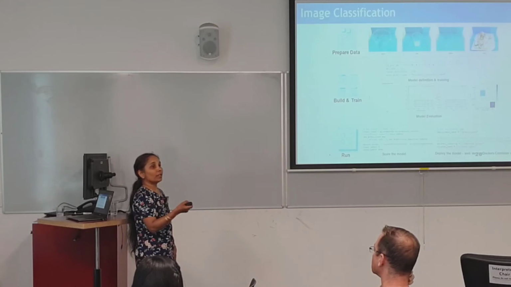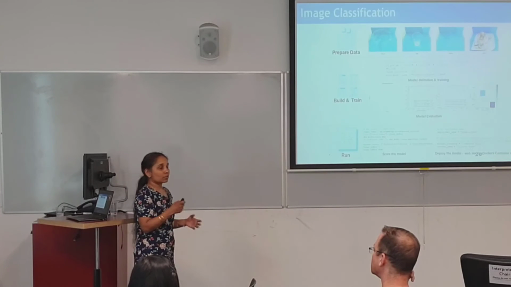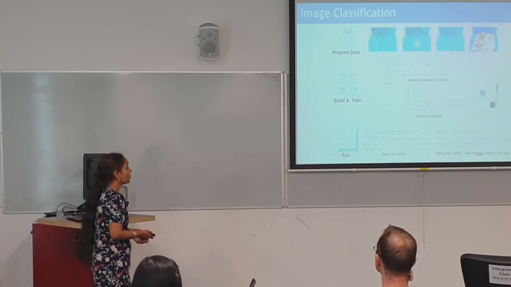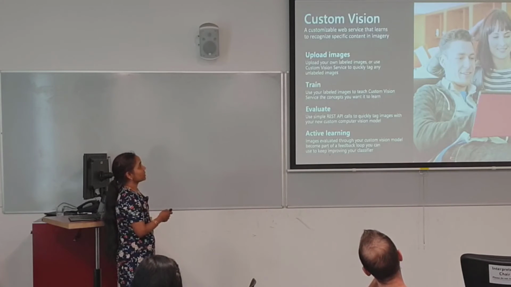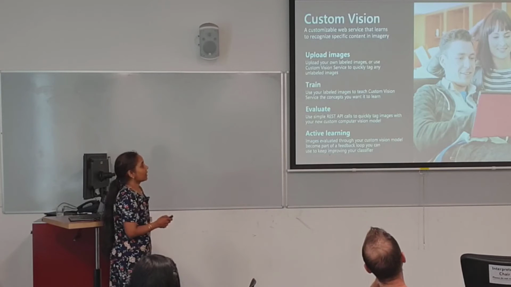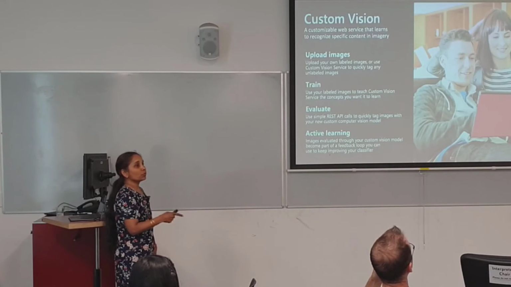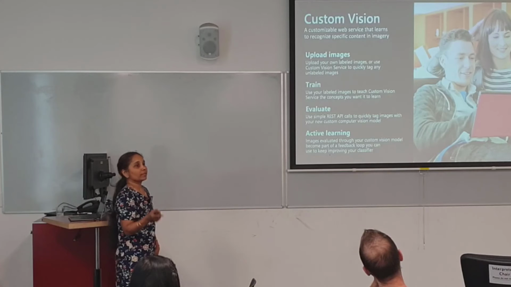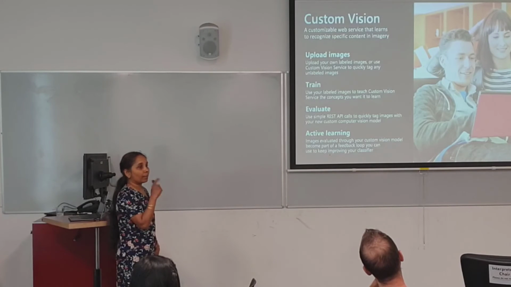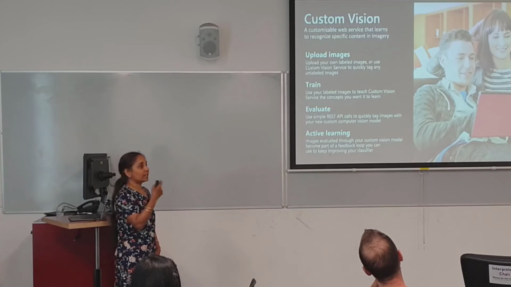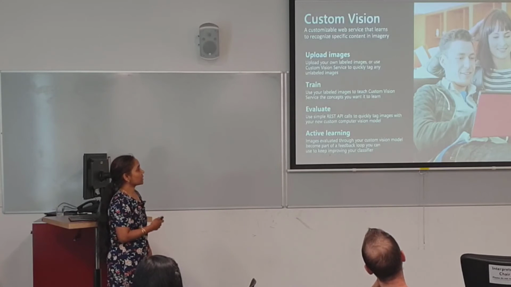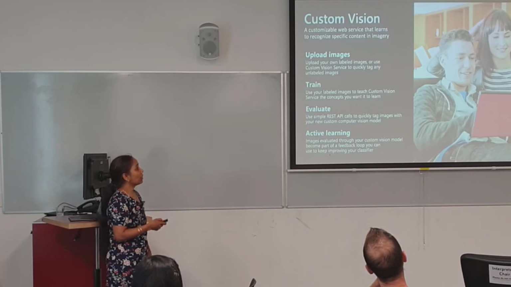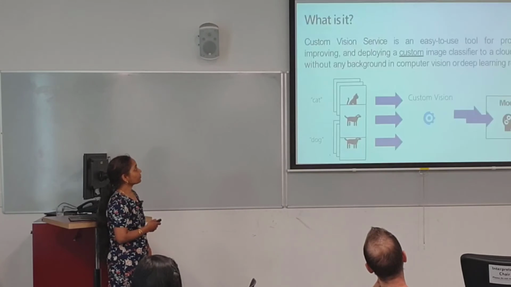Upload more with different angles so that it recognizes. So with Custom Vision, again, upload images, train, evaluate, and you can do this cycle. If you're not happy, go and upload more with different angles, and make the application learn so that it helps to improve the classifier.